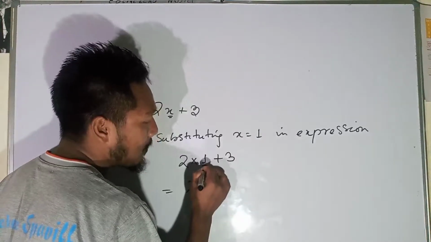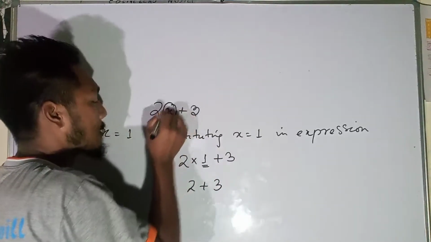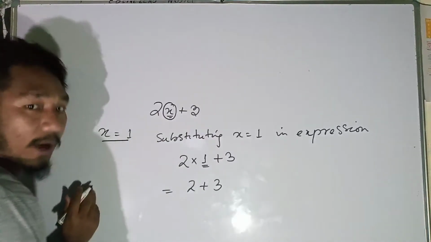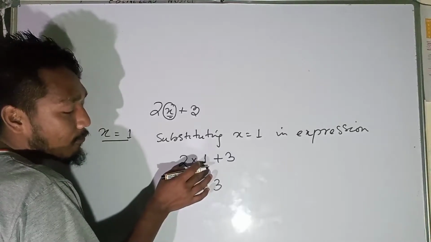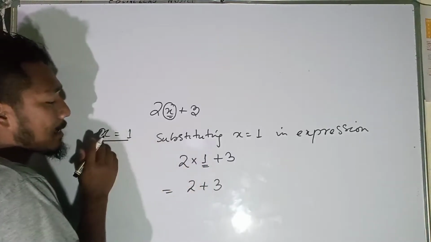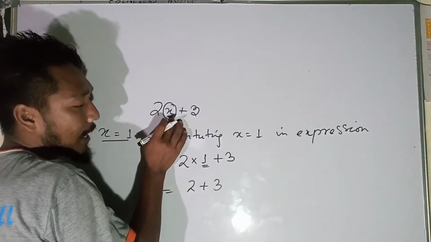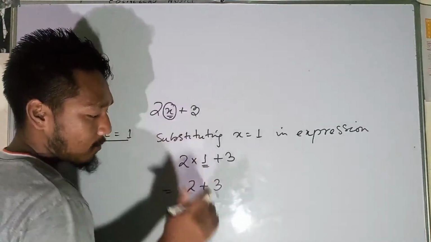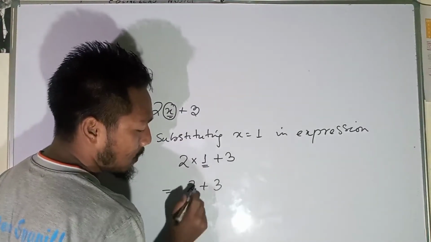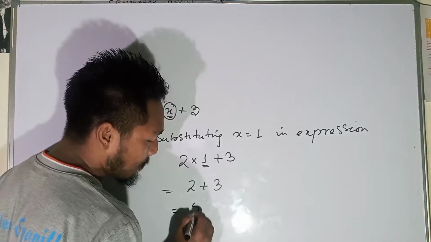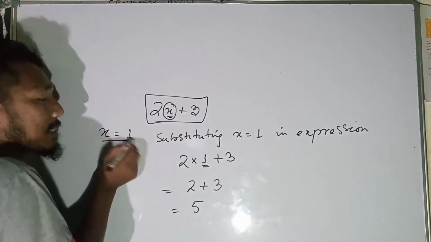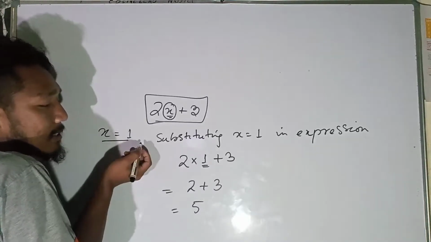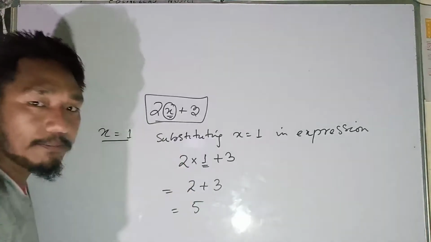From where did this 1 come? We know that x is equal to 1, and in place of x we are substituting the 1. So 2 into 1 becomes 2, 2 plus 3 becomes 5. So if x is equal to 1, then your value becomes 5.